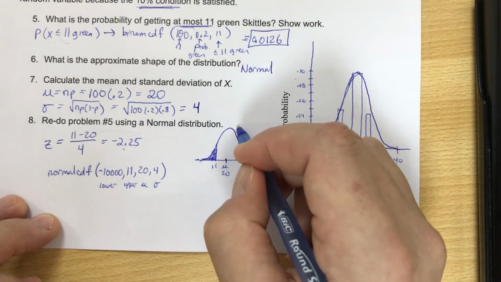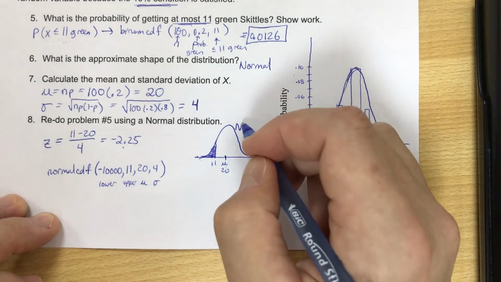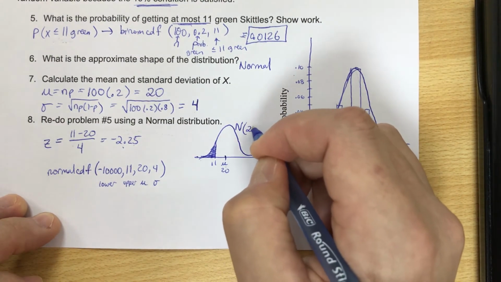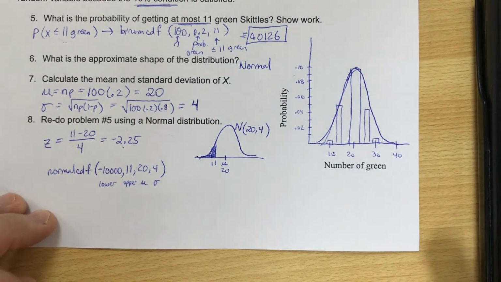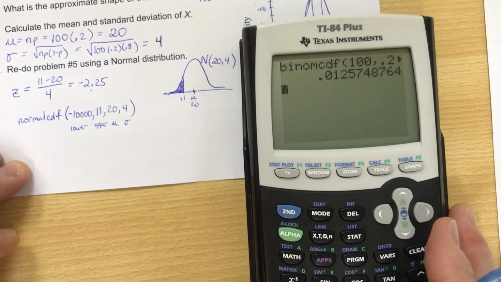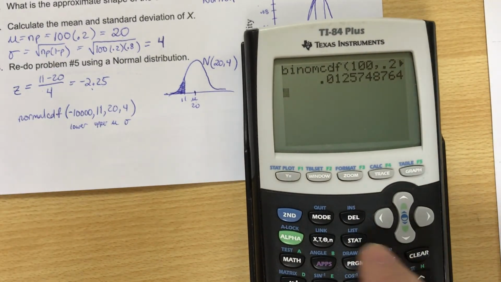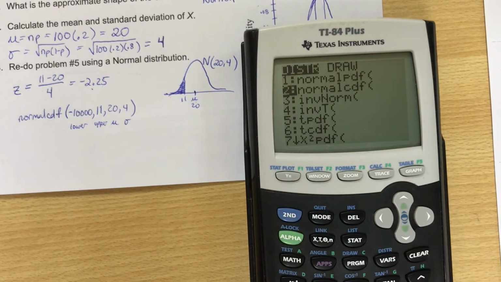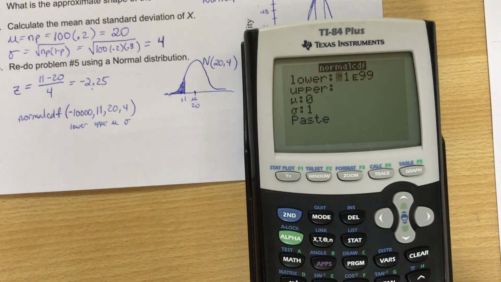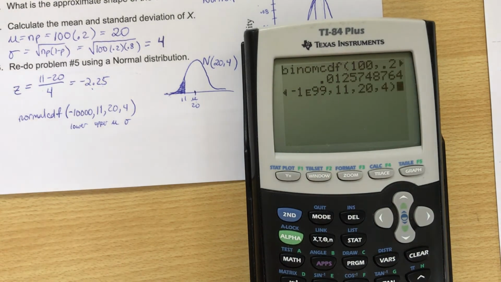Let me label my curve one more thing: it's a normal distribution, the mean is 20, the standard deviation is 4. For the normal CDF, I'll just keep negative 1e99, that's fine. We want less than or equal to 11 Skittles. The mean is 20, and we have 4 standard deviation.